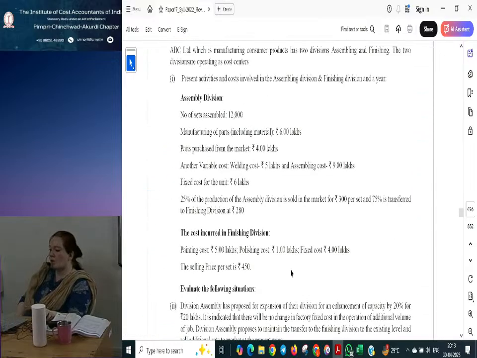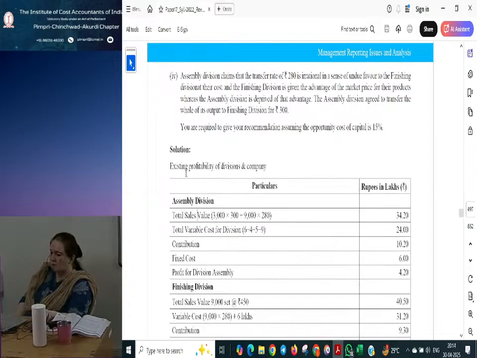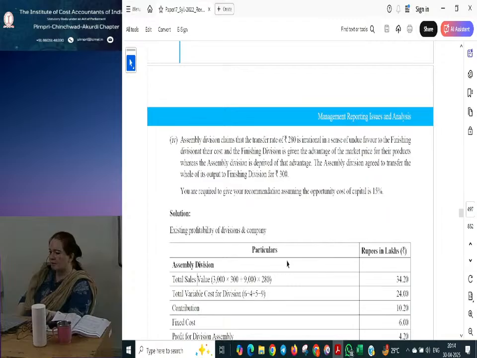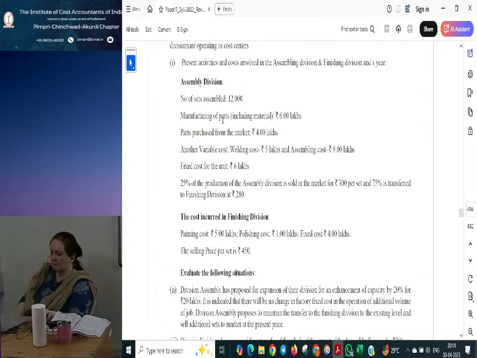Total variable cost of that particular division. Manufacturing of parts including material is 6 lakhs. Parts purchased from the market is 4 lakhs. Welding cost, assembly cost, all these are variable cost. So 6 plus 4 plus 5 plus 9, that is 10, 15, 9, 24 lakhs.